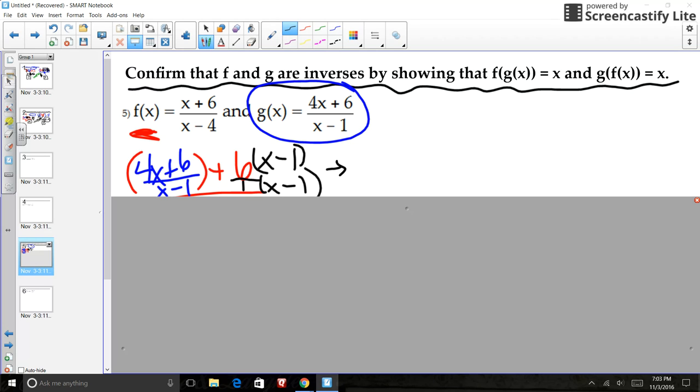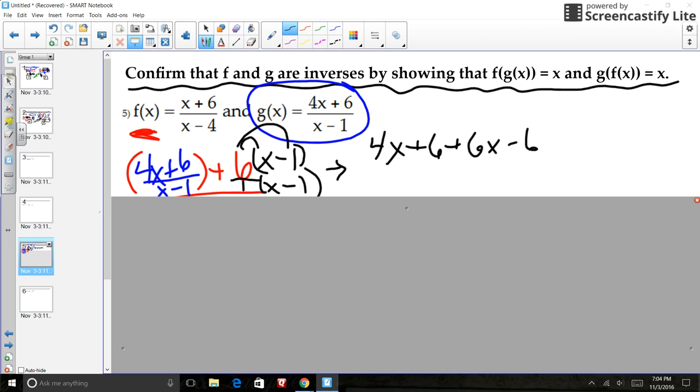So I'm just going to keep going over here. So now I have 4x plus 6, and then plus 6 times that quantity of x minus 1. So plus 6x minus 6. Did you get that?